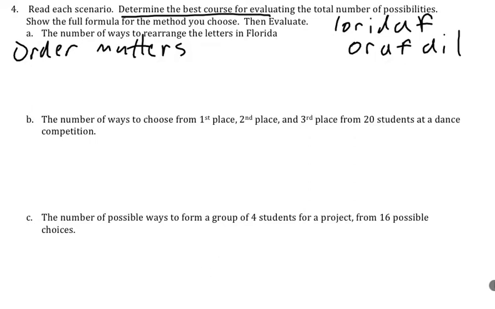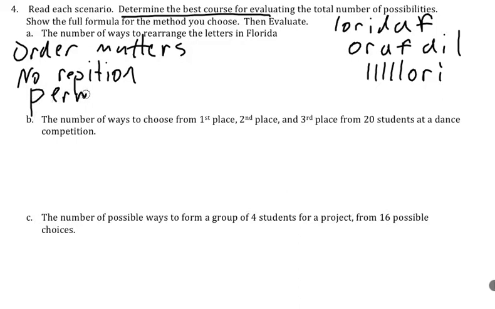The other question we want to ask is, is repetition allowed? If someone said rearrange the letters in Florida, you cannot write LLLLLORI. I'm pretty sure we did not rearrange the letters in Florida when we did this. So I think no repetition. Now that we've asked ourselves these questions, we know, hey, order matters, no repetition.